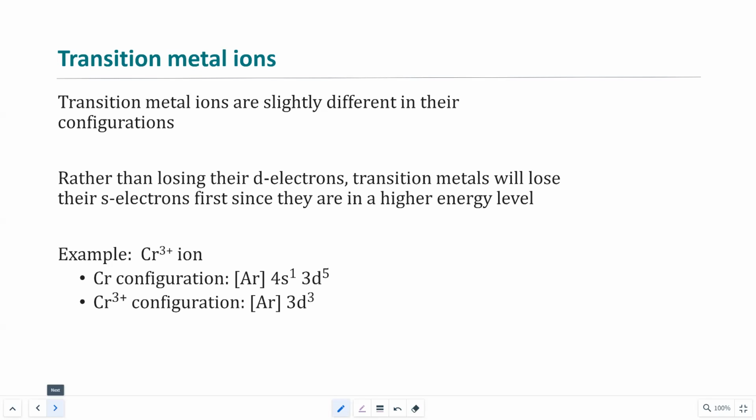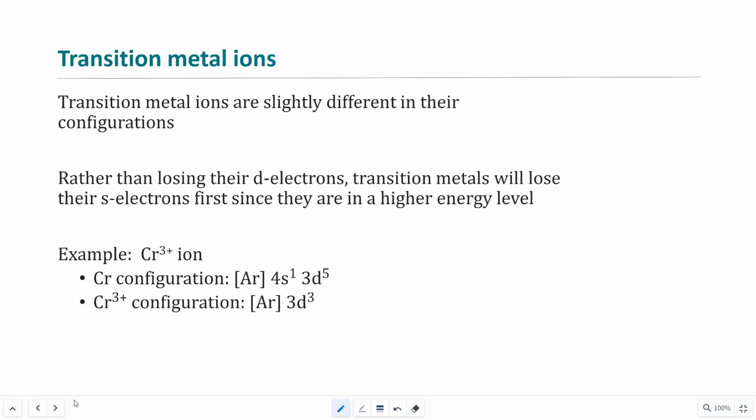One thing that we always need to remember, when we are taking electrons away in terms of an electron configuration, is that we want to take them away from the highest energy level. It doesn't matter about those anomalies. It doesn't matter about anything else, if it's a transition metal, if it's anything for that matter, it's going to lose the highest energy level electrons first, because those electrons are going to be the easiest to take. They're the ones that are the furthest from the nucleus.